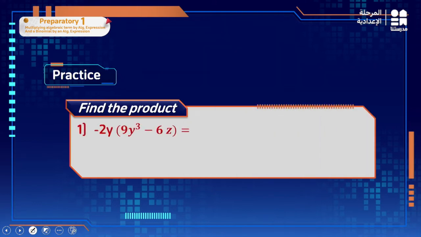Here, find the product of negative 2y times 9y to the power of 3 minus 6z. Let's do it. We need to multiply this negative 2y times 9y to the power of 3 and multiply this negative 2y times 6z. 2 times 9 is 18, and negative times positive is negative according to the Chinese face.